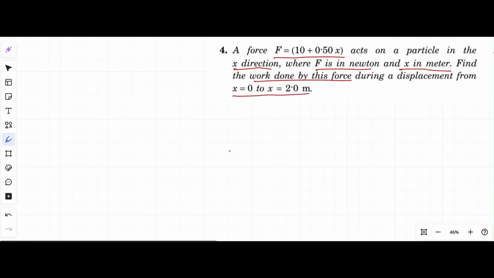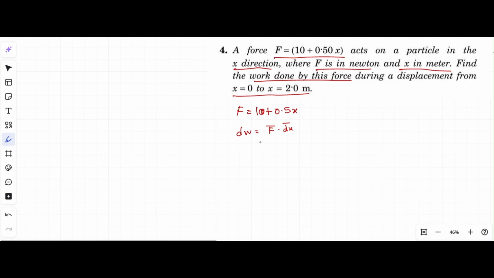Now we know that F is equal to 10 plus 0.5x. So we can write that work done is equal to force into distance traveled.